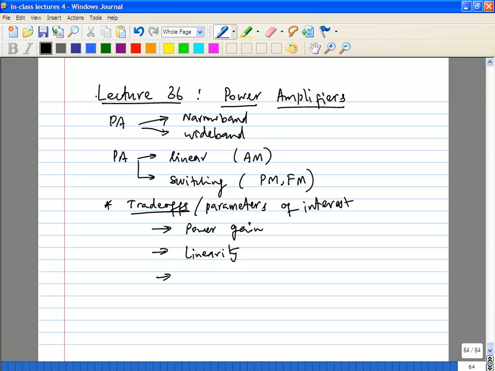You're interested in linearity, the output power, and the efficiency of the power amplifier. So you will see this actually has 2 classifications. We'll look at both. There are 2 types of efficiencies.